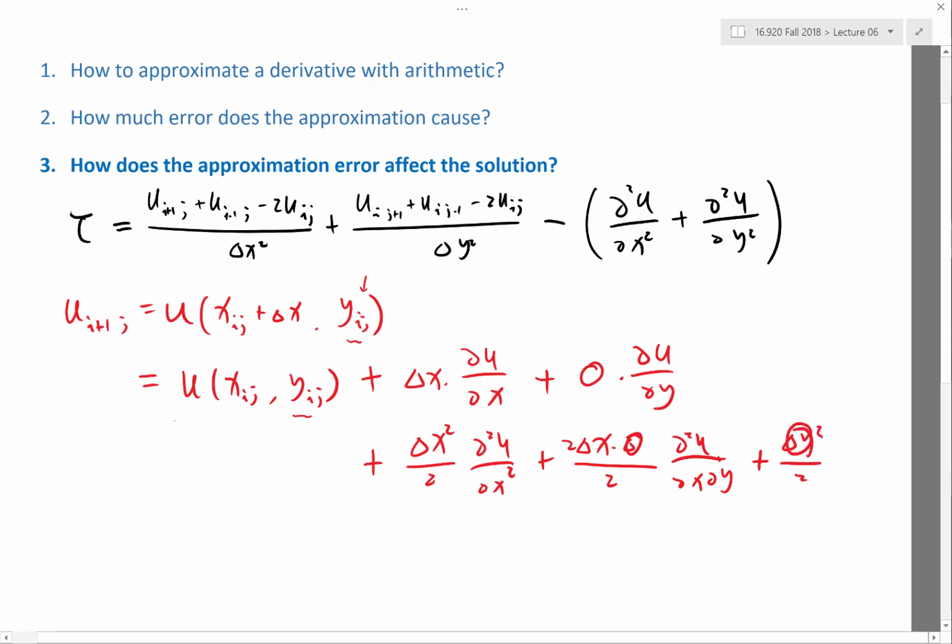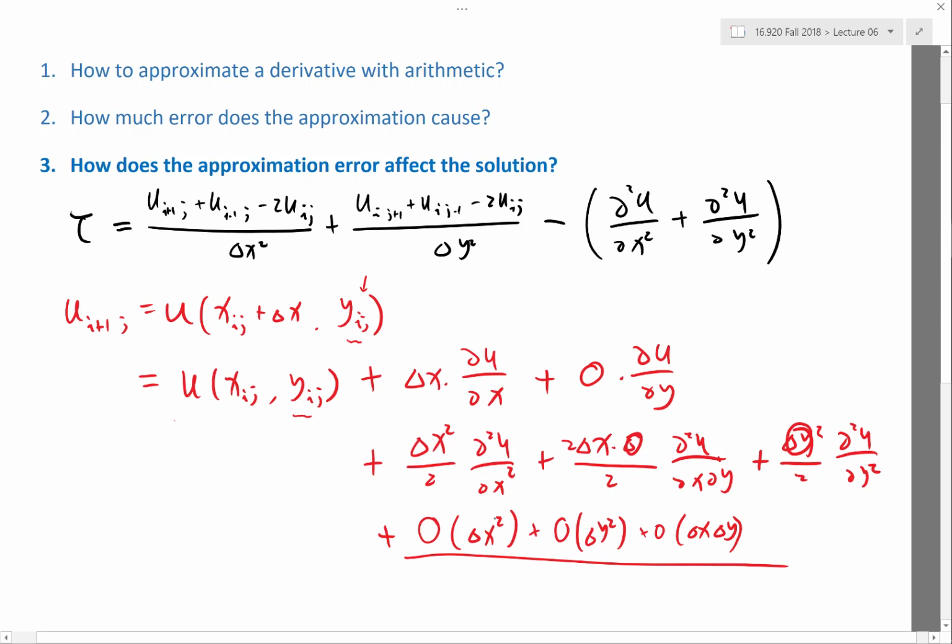Oh, yeah, delta y is actually 0. So we also have plus O delta x squared, O delta y squared, O delta x delta y. But, sorry, actually the big O should be cubed. All these four terms represent the even higher order Taylor series terms.